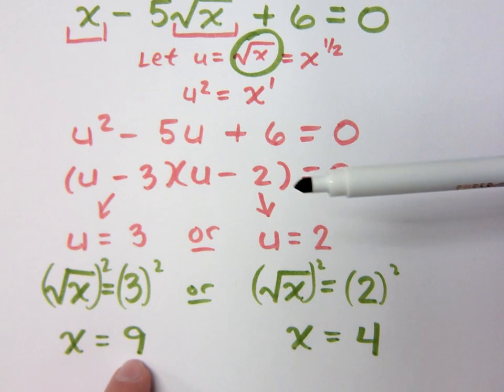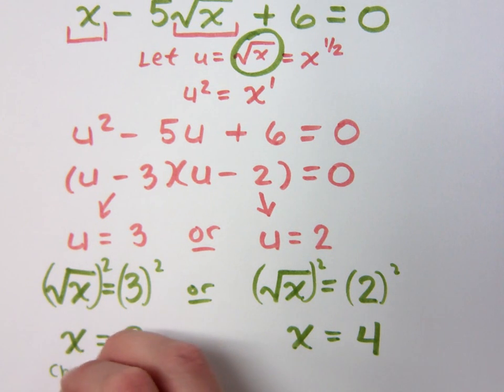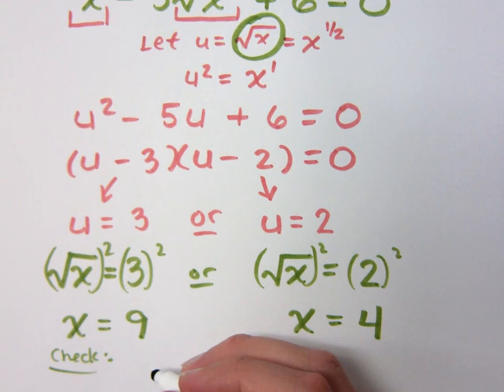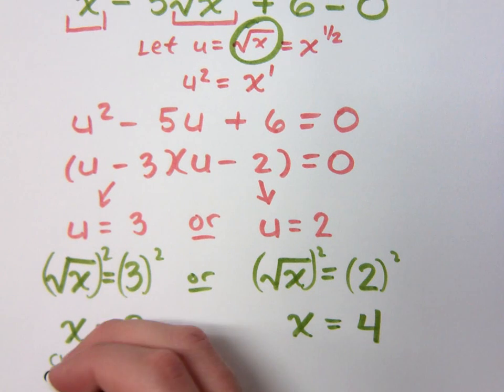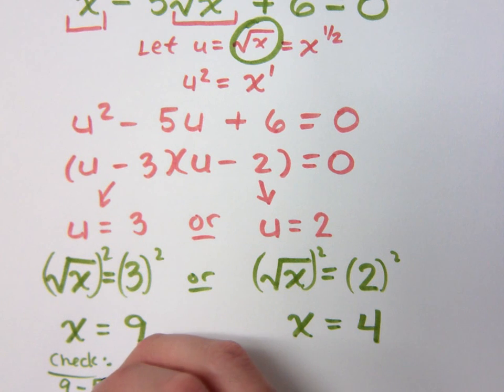If I plug in 9, does that work out when I go across here? If I check this, I have 9 minus 5 times, what's the square root of 9? 3. Plus 6.